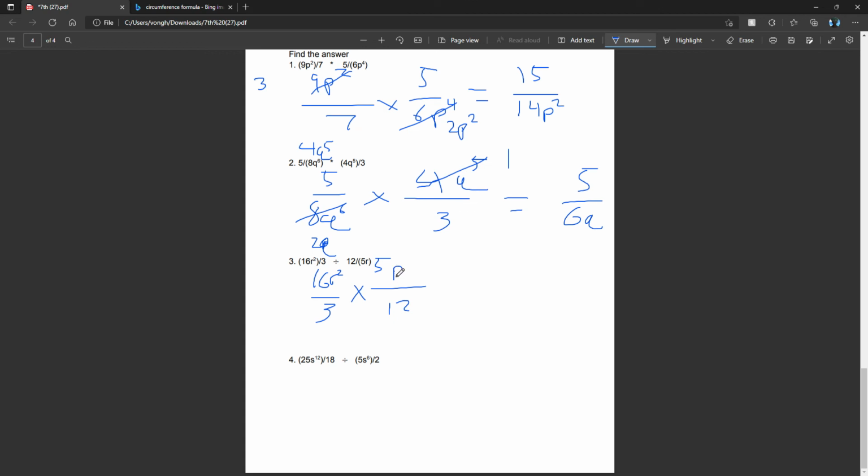To find our greatest common factor, 5r and 3 don't have one, but 16r squared and 12 do, and it's 4. So 12 divided by 4 is 3. 16r squared divided by 4 is 4r squared. So 4r squared times 5r would be 20r cubed over 3 times 3, that's 9.